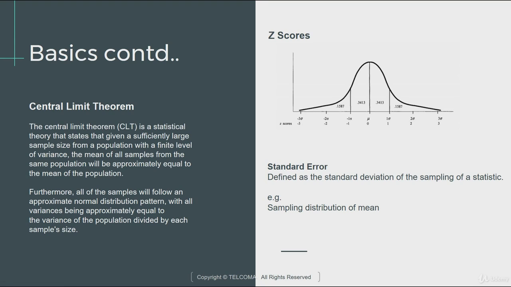Similarly, we have another important topic, z-scores and standard error. Now, what is a z-score? A z-score is nothing but a standard score. To put it in simple terms, let's say out of 100 students, one student has scored around 75 in the test.